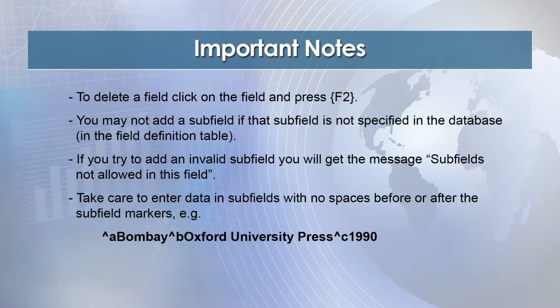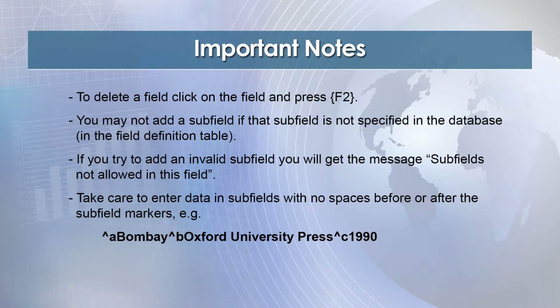So, there WINISIS will object and it will say that caret A or subfield A is not possible to enter in the tag 200. So, there is only one option. You again go back to your FDT, edit the table, come to the tag 200, add pattern or subfield under say ABC. Now, next time when you will enter into the data entry mode, you will see that WINISIS is allowing you to enter data into different subfields. So, that is an important rule and you have to follow this.